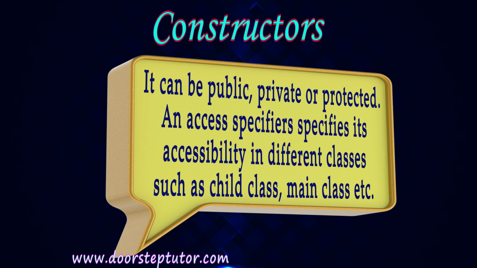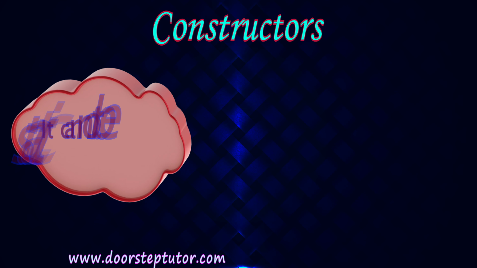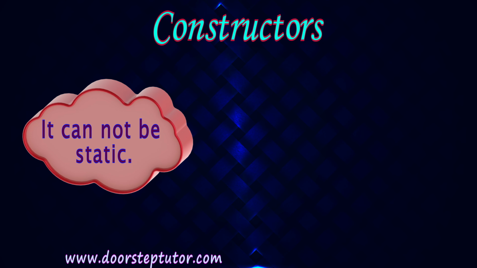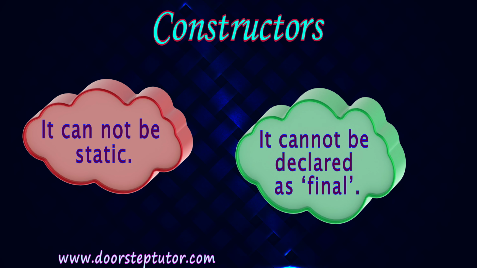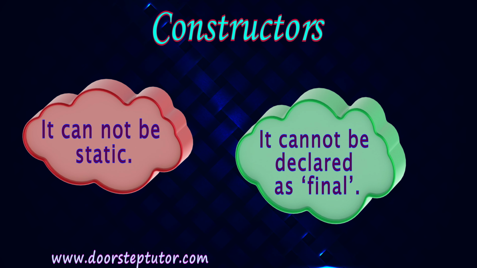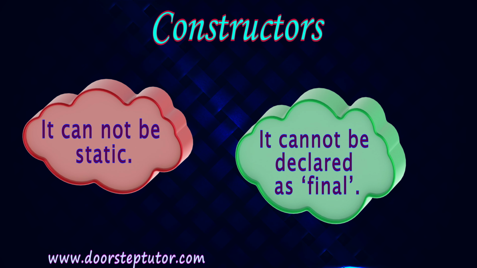And the most important thing is that constructors cannot be static. Then it cannot be declared as a final keyword also. It means that we cannot restrict the constructor as final or constant.